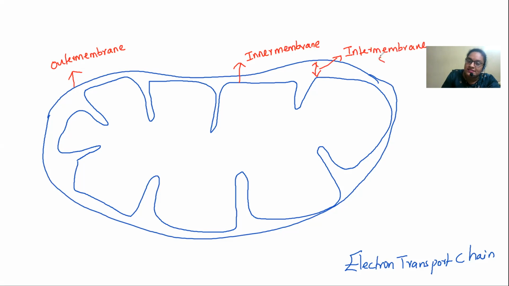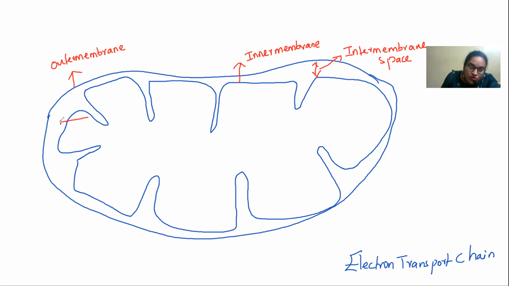Your inner membrane has different protein complexes, which we call enzyme complexes or electron complexes. So let me draw those complexes for you.